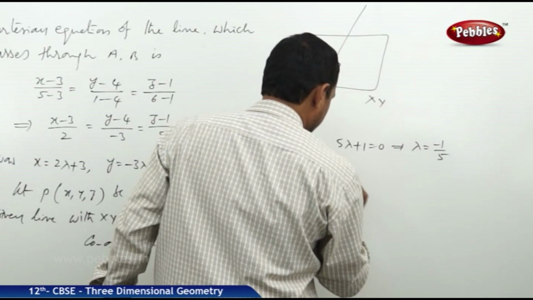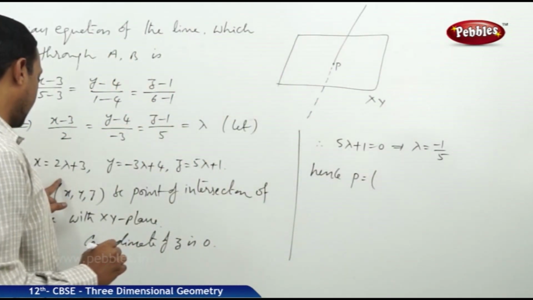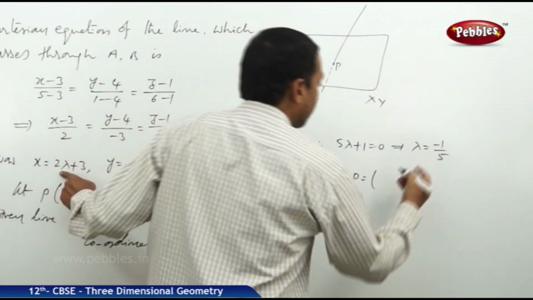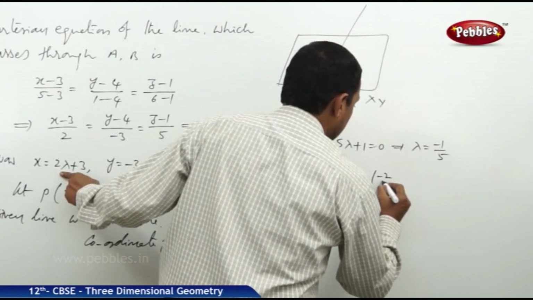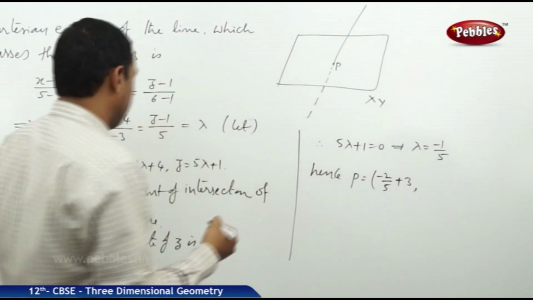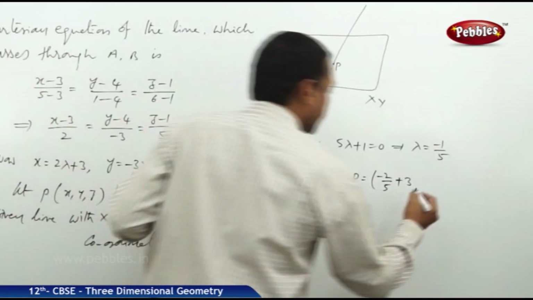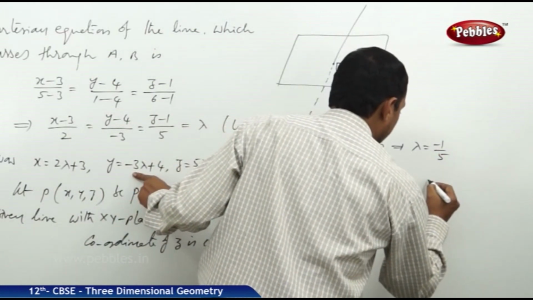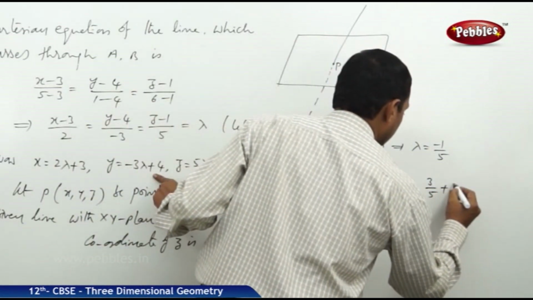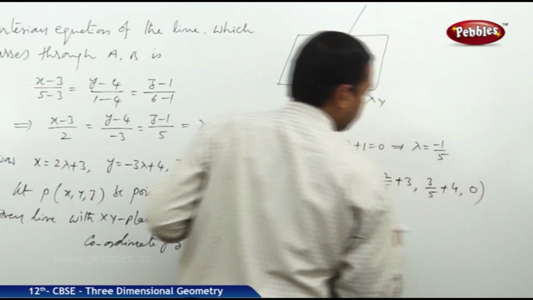Hence, the required point is x equals 2 lambda plus 3, which is minus 2/5 plus 3, comma, y equals minus 3 lambda plus 4, which is 3/5 plus 4, comma, and z is obviously 0.